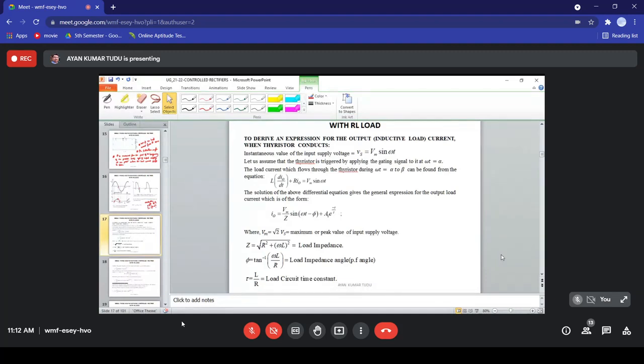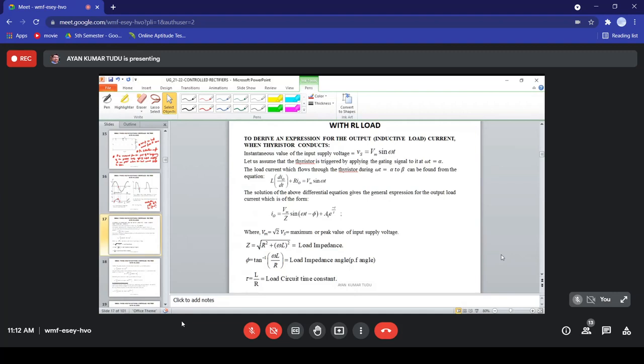So the load current will flow through the thyristor during omega t equal to alpha to beta. That can be found from the simple KVL equation of L di0 by dt plus R i0 equal to Vm sin omega t. If we solve this differential equation, it gives the general expression for the output load current, of the form I0 equal to Vm by Z sin(omega t minus phi) plus A1 e to the power minus t by tau, where A1 is a constant.